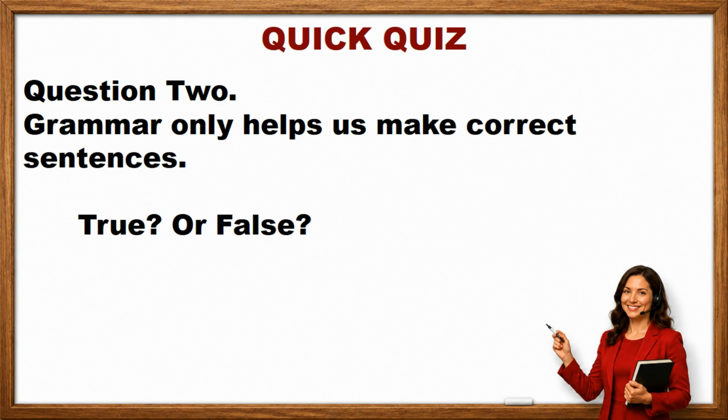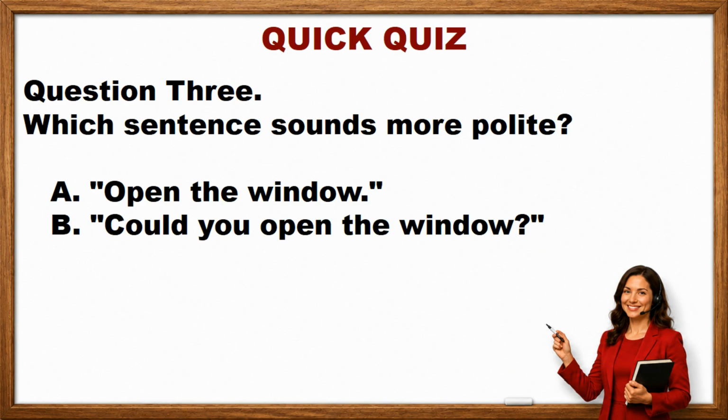True? Or false? False. Grammar also creates meaning. Question 3. Which sentence sounds more polite? A. "Open the window." B. "Could you open the window?" The answer is B. Excellent.